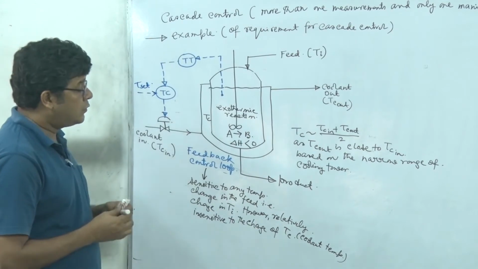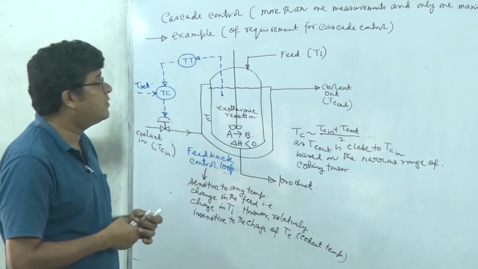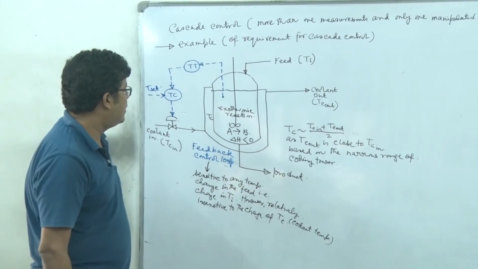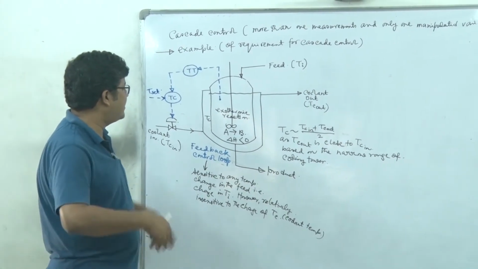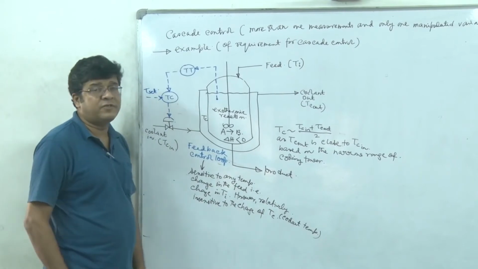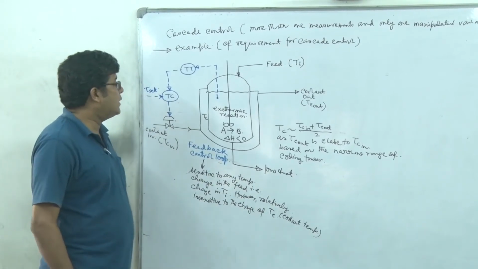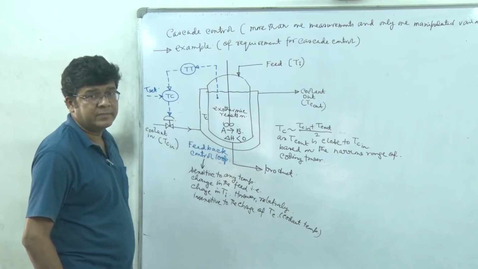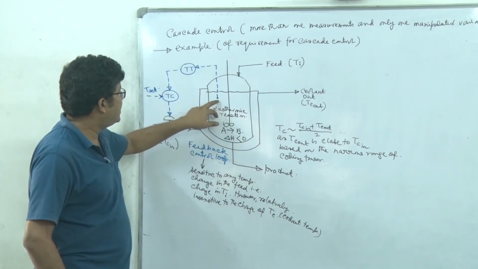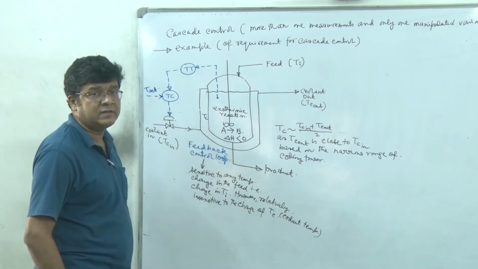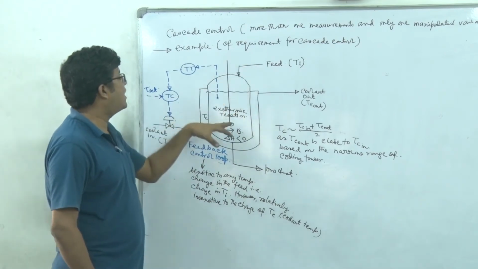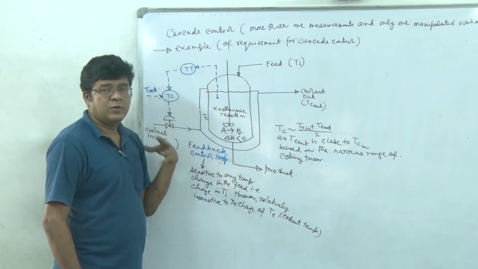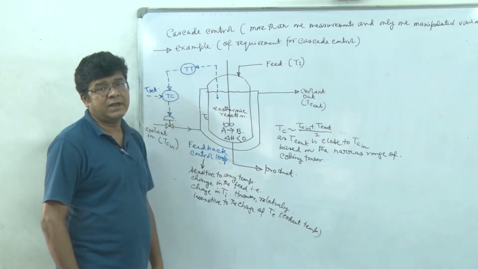Right. So if I have to go for an efficient control system which will have no sluggishness, it will have a kind of prompt response, then you must understand that we should simultaneously measure Tc. Right? We are measuring T, and at the same time we should measure Tc, because effect of Ti is immediately felt by this measurement, but we don't have any hint about the effect of Tc.